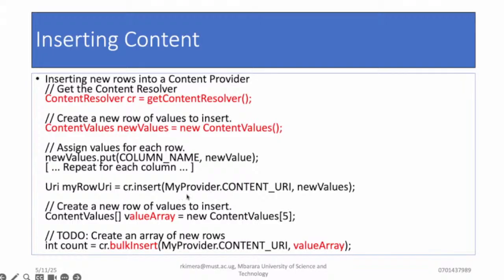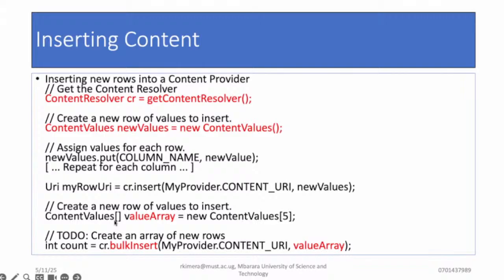And then here you're calling your content provider. They're using my provider as a reference, but we know the provider name has a URI. So if I say my provider dot content URI, that means I already have a URI or an identifier for the content provider. And then we insert these new values.